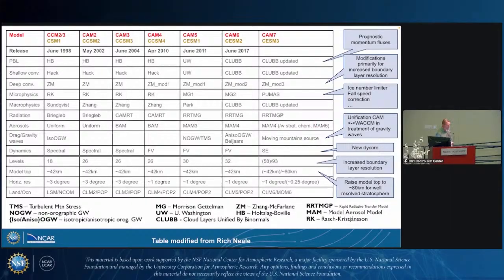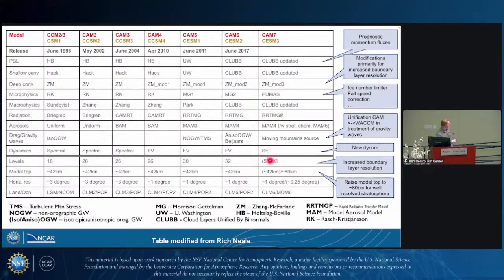Then there have been a number of changes in the world of parameterized gravity waves and drag. In particular, we now have a new source of gravity waves in the model. It really helps some of our biases. After three model versions with the finite volume dynamical core, we've swapped it out with the spectral element dynamical core.